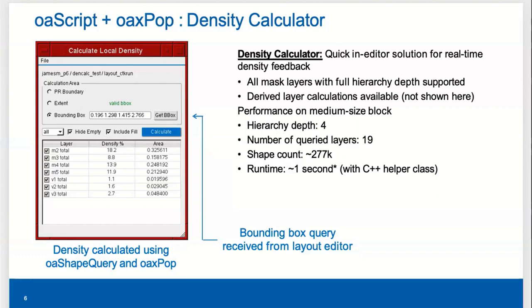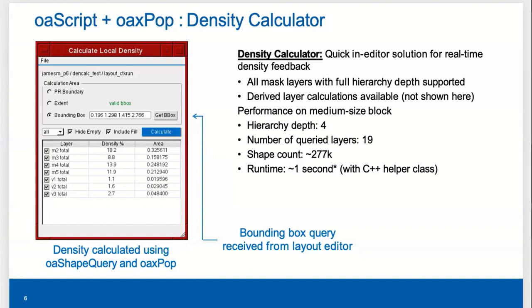The first one is a density calculator. This application was written in OA script. It uses OAX POP, and it had some layer of connectivity to a third-party layout editor. And what happened was the layout was exported real-time from the editor, brought into OA script and OAX POP. It was processed with high speed.